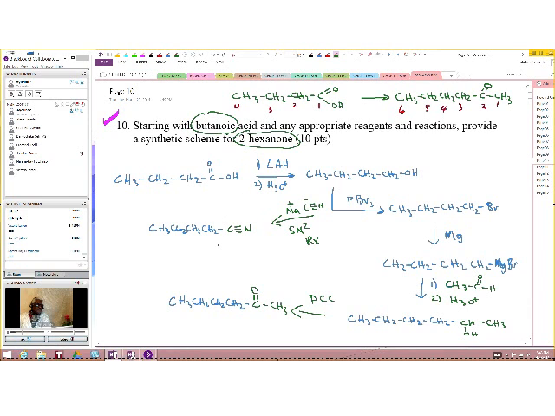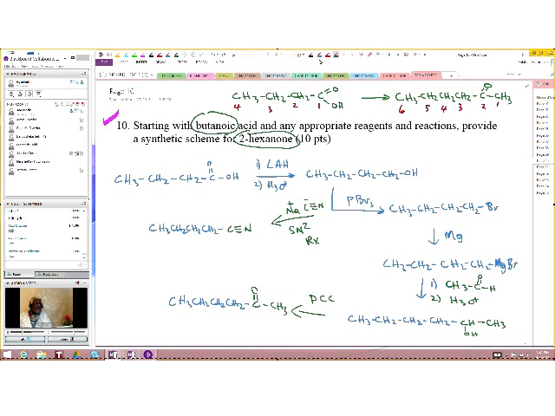Once you get that, you could now react this with a Grignard reagent. That was really what I was thinking, but this is just as good.